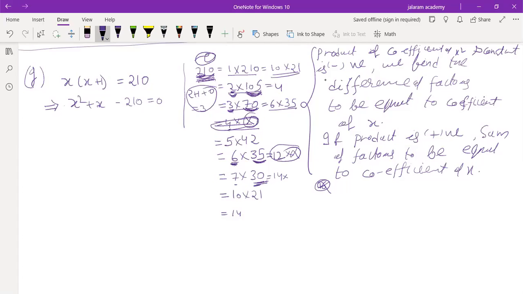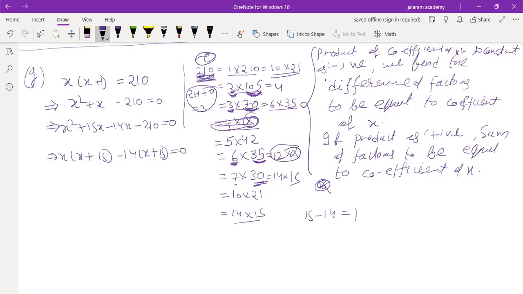So what will be the next factor? 30 by 2 is 15. So it is 14 into 15, and its difference is also 1. Understood? Yes, sir. So we write x square plus 15x minus 14x minus 210 equals 0. Then if we take x common, x into x plus 15 minus 14 common into x plus 15 equals 0.